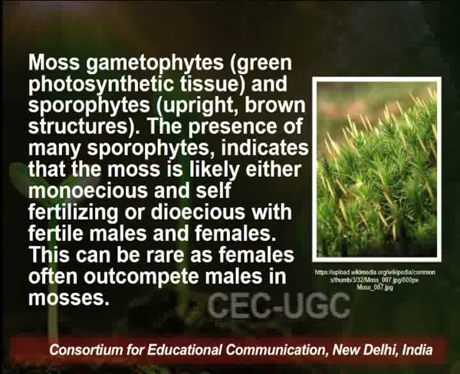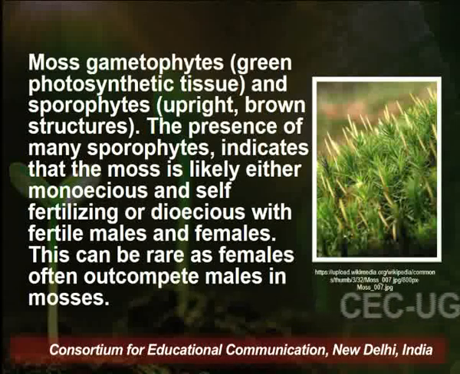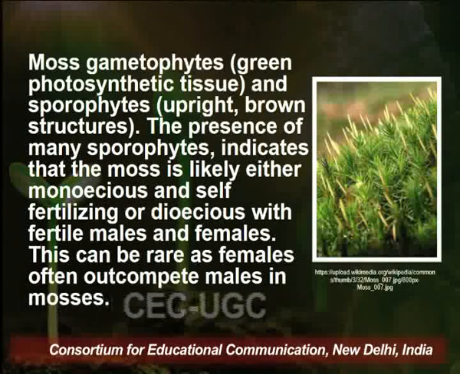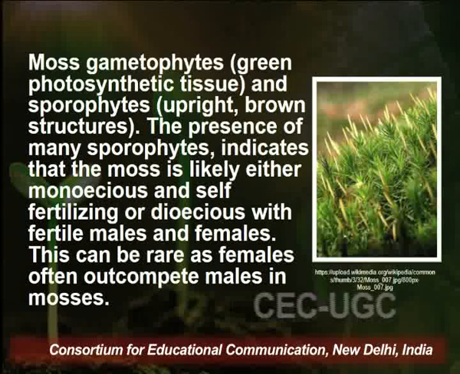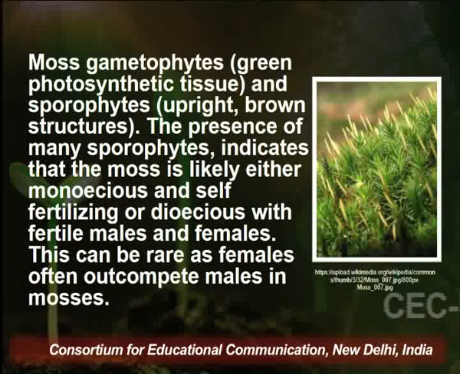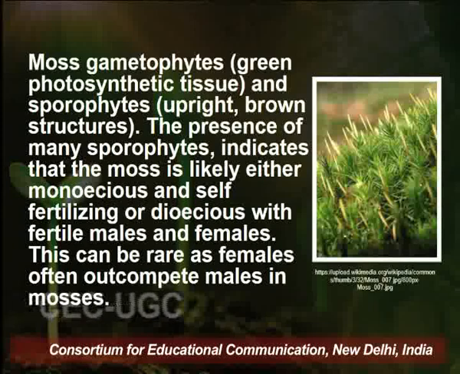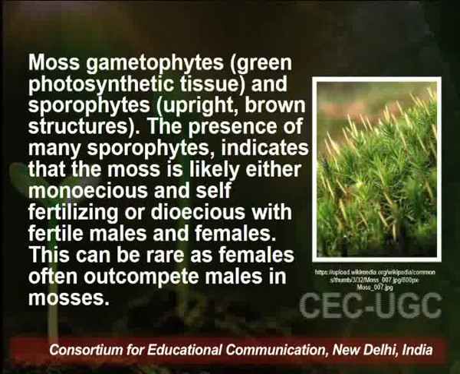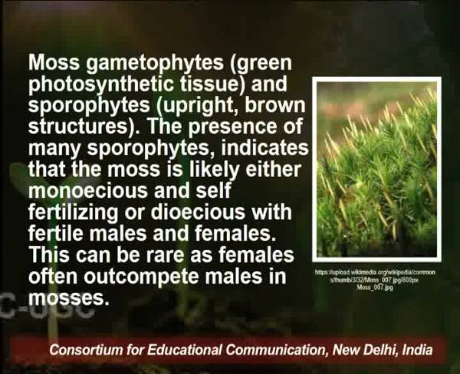Now, there are so many sporophytes, which means so many fertilizations have taken place, so there must be many male and female plants here, whether they are dioecious or monoecious, that we have to understand. If they are monoecious, then obviously they would be self-fertilizing, or if they are dioecious, they would have the fertile males and the females separately.